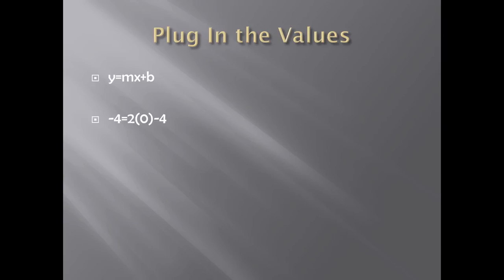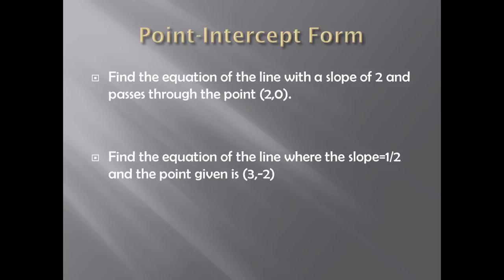Negative 4 should be equal to negative 4. There we go, great. Now the other problem: we have negative 2 is equal to 3 halves minus 7 halves. 3 halves minus 7 halves is negative 4 halves. So now you have negative 2 is equal to negative 4 halves. And when you divide negative 4 by 2, you have negative 2. So negative 2 does equal negative 2.